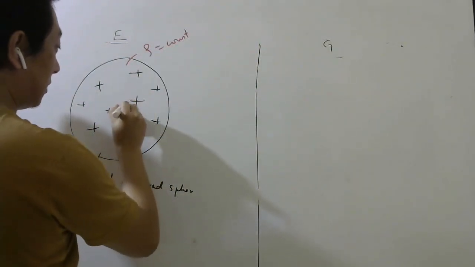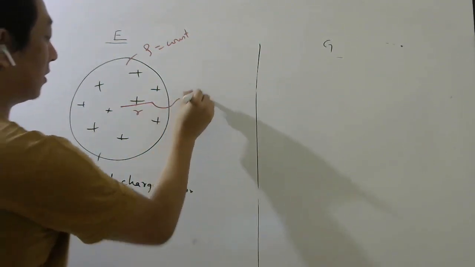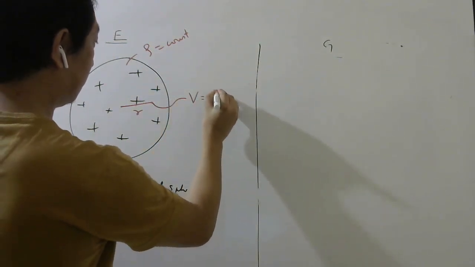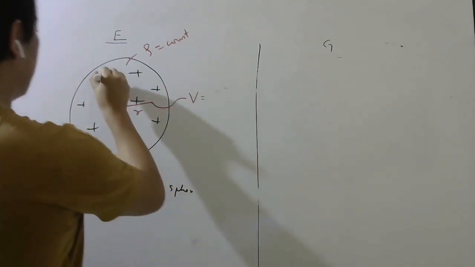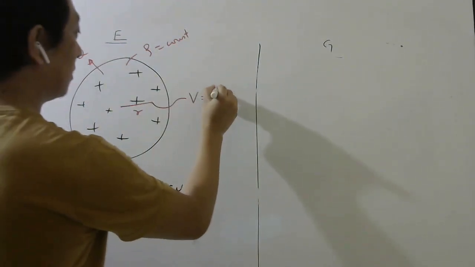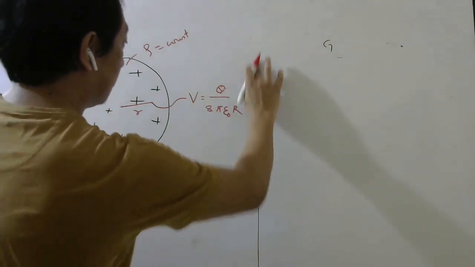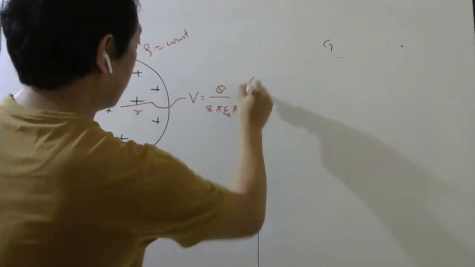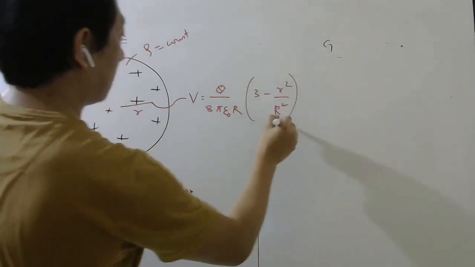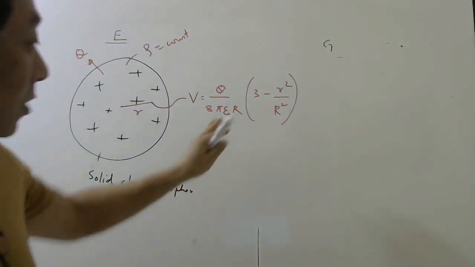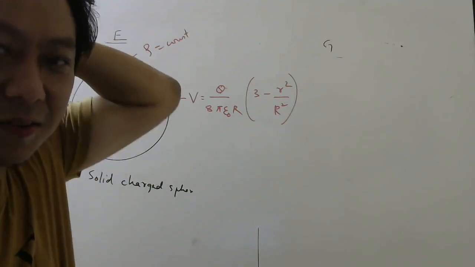Then at a distance r inside, at this point, your potential was q by 8 pi epsilon naught R, into 3 minus r square by capital R square, where total charge is q, let's say. Now this one we have done in class; it was done for entrance. So please check the formula.